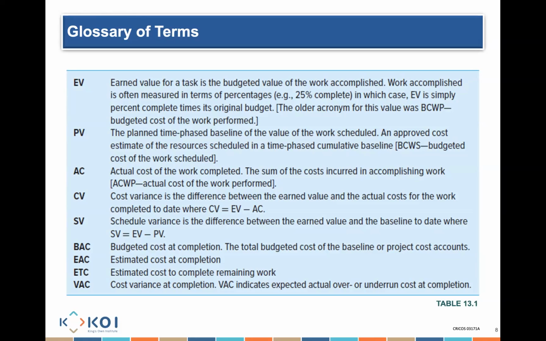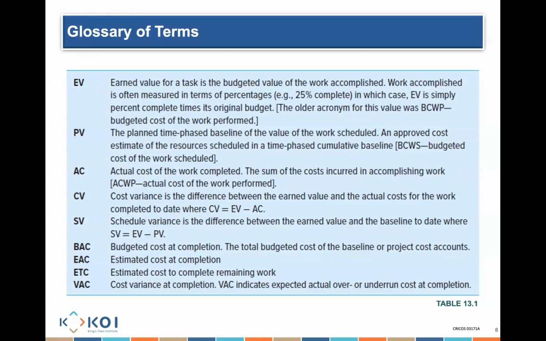And variance at completion indicates the expected actual over or under cost at completion. So if, for example, I say my actual cost is 1,000 and it was supposed to cost me only 500, then I know my variance is 500.